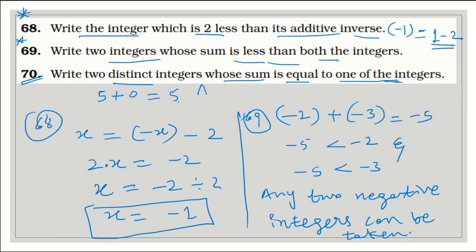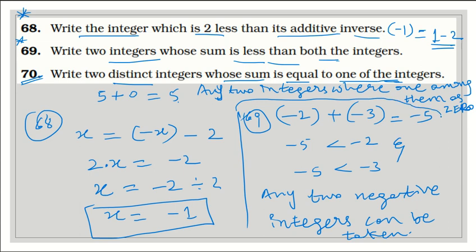So, we can say for this, any two integers where one among them is 0 will satisfy this.